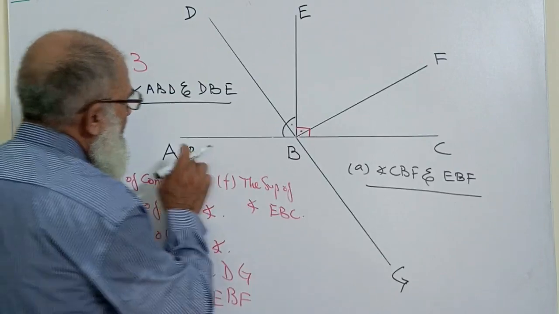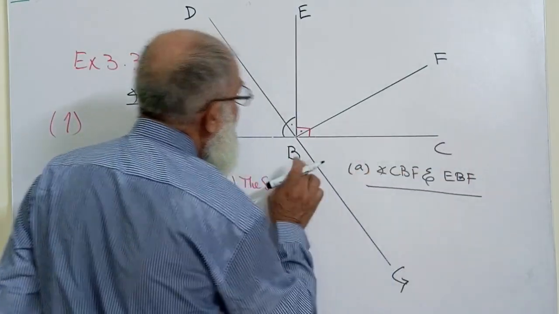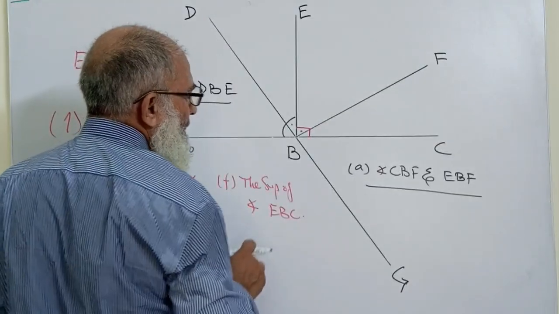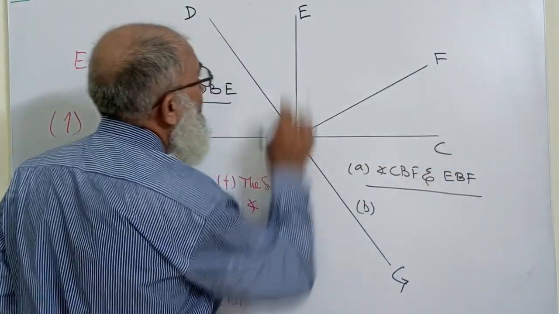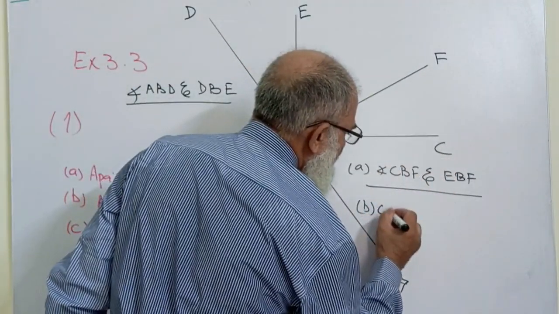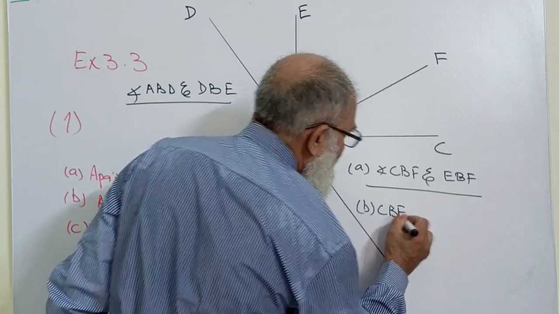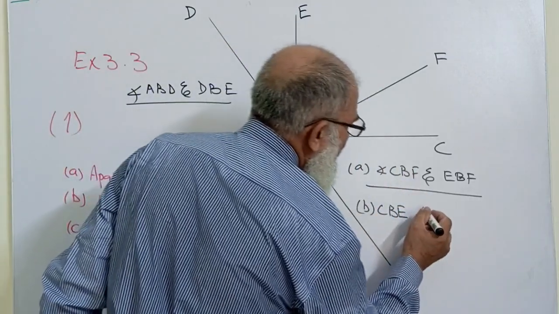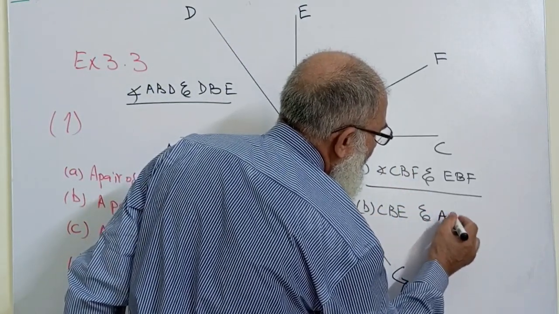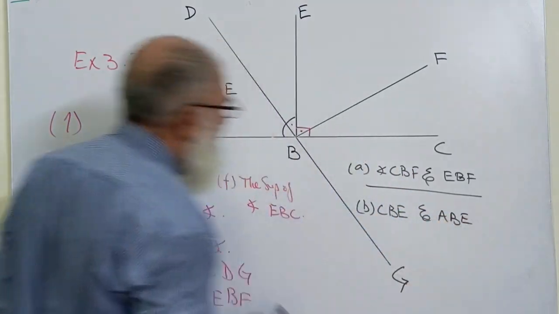So CBE is one pair, ABE and CBE are equal angles.